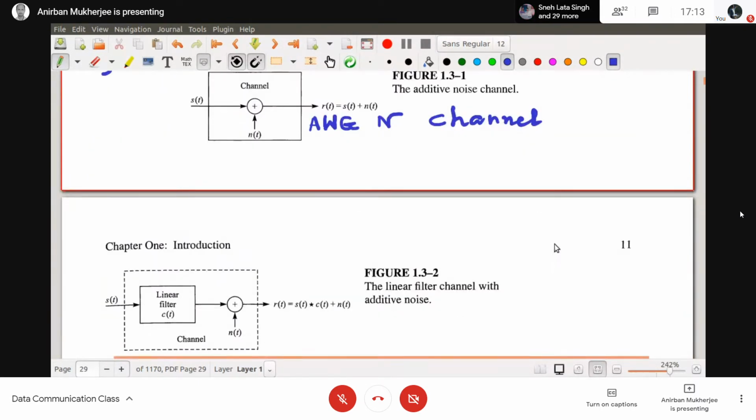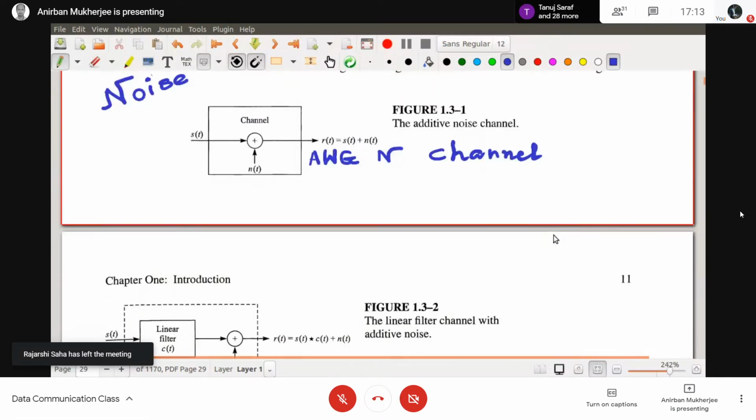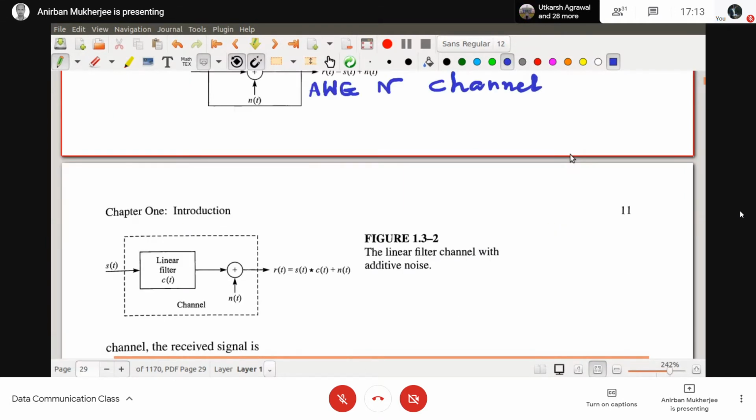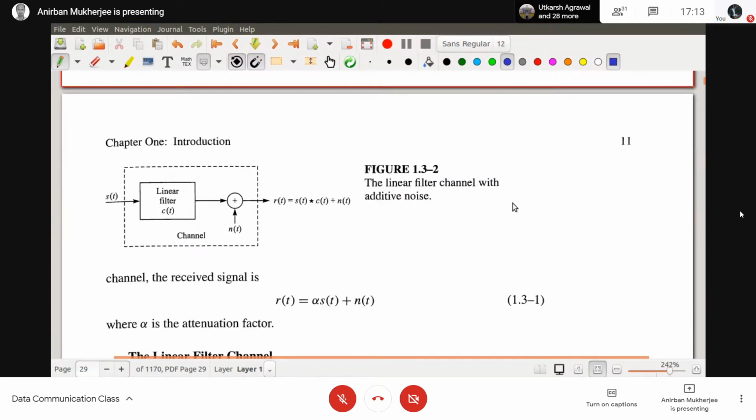now another one. Instead of this simple additive noise channel, I am saying a linear filter channel with additive noise. That means my s(t) will be the input transmitted signal.